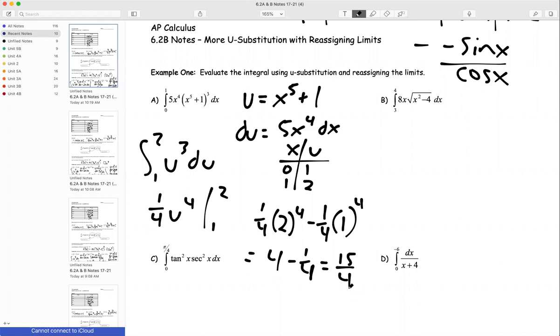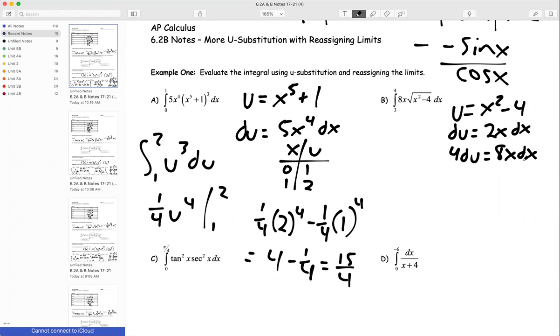Okay, so what should u be in this instance? X squared minus 4. Therefore, du is going to be 2x dx. And it needs to be 8x dx. So I'm going to multiply by 4 on both sides. So I get 4 du equals 8x dx.